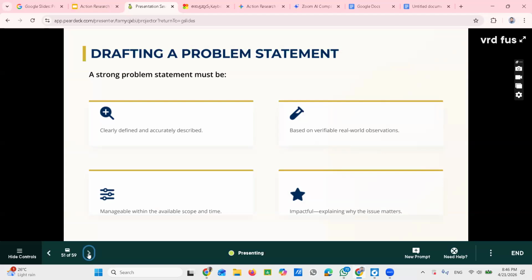Here are some features of a strong problem statement: clearly defined and accurately described based on verifiable real-world observation, manageable within the available scope and time, and an impactful explanation of why the issue matters. Later we will come back to the problem statement.